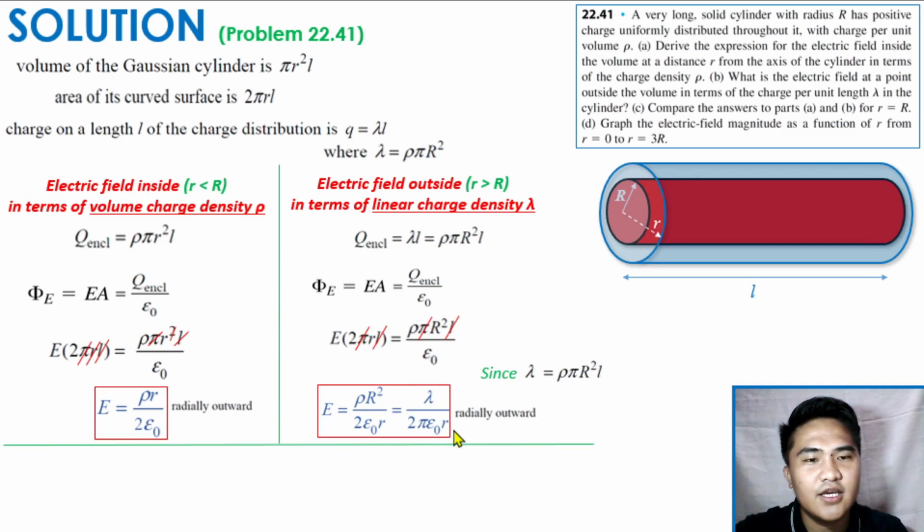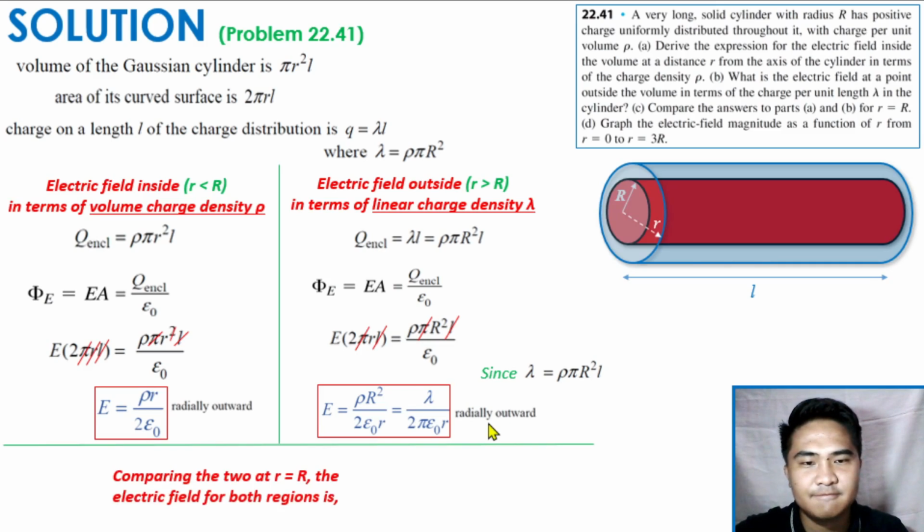Now, the electric field is radially outward. As we said before, the charge of the solid cylinder is positive and it is uniformly distributed throughout it.